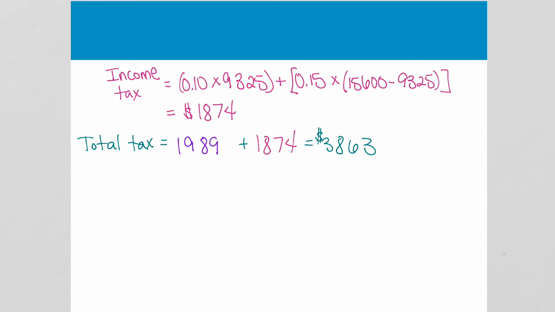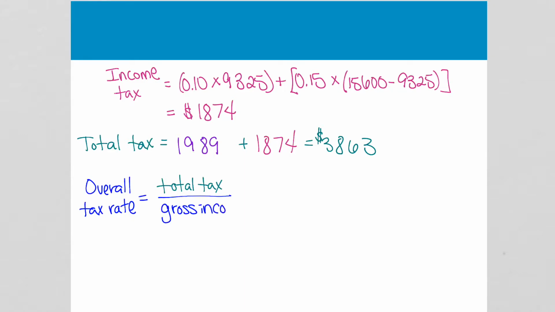And so the last question asked, what is her overall tax rate? So that's just saying take her total tax and divide by her gross income, and that's just giving the overall tax rate, what it would be overall. I don't know how else to say it.